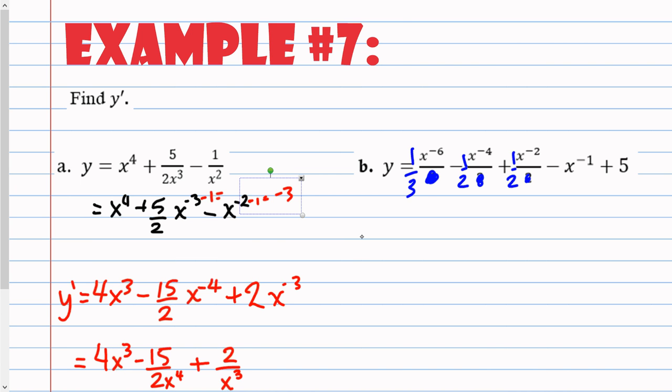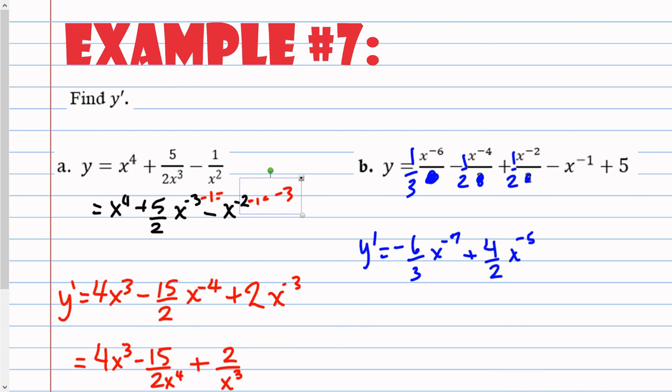So y prime, so let's see, negative 6 over 3, and then x, and subtract another one. So let's see, minus negative 4 times the 1/2. That's negative 4 halves. Ooh, but that negative is positive. And yes, I know I should simplify, but I am not going to because I'll do it on the next.